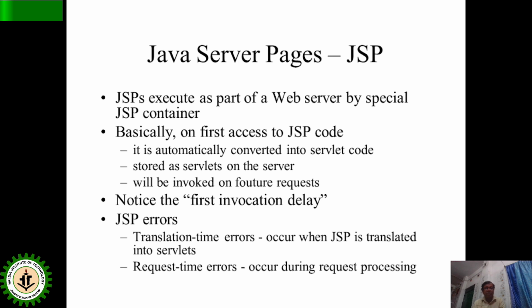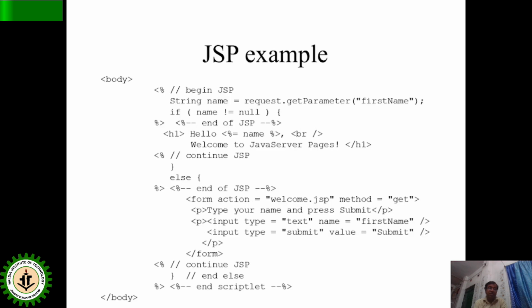Now, once a Java Server Page executes, it is the basic building block of Java Server Pages. The server passes it to a special JSP container. There is a first invocation delay, then JSP errors. So we need a standard JSP page, handling JSP errors, JSP code, and JSP invocation, with a hybrid of your HTML and core Java, and translation errors.